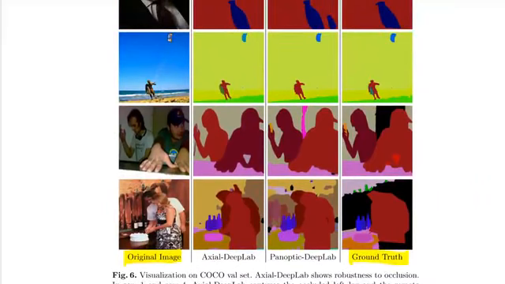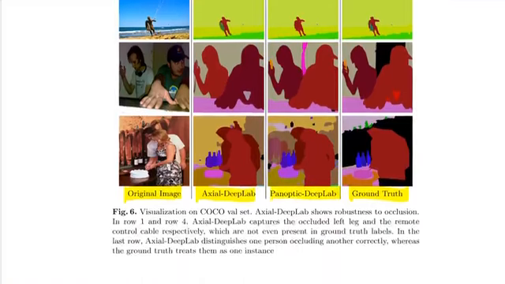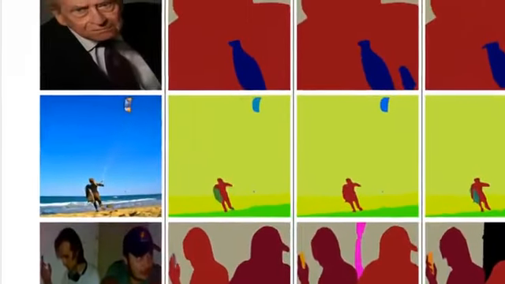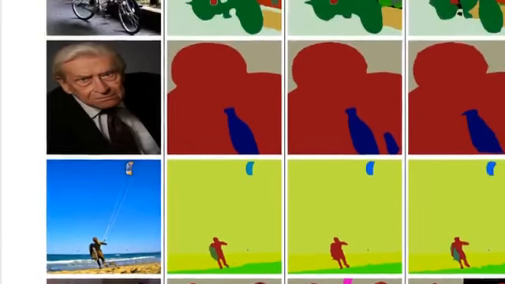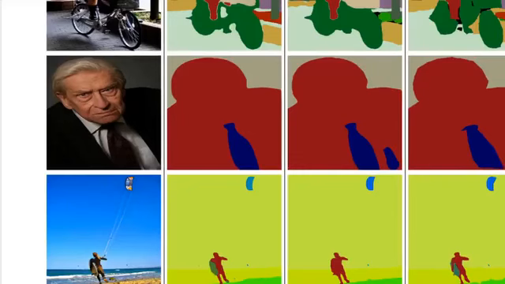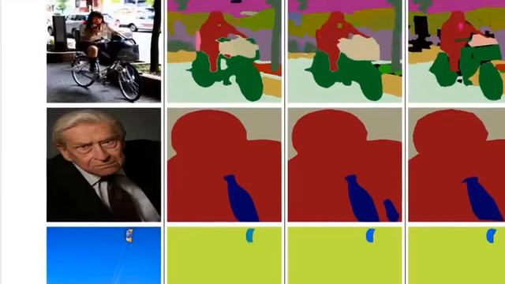You have a ground truth, and you have the differences between their model, this Axial Deep Lab, and the Panoptic Deep Lab. That is a baseline for them. And you can see that the failure cases here show how the Axial Deep Lab is better.